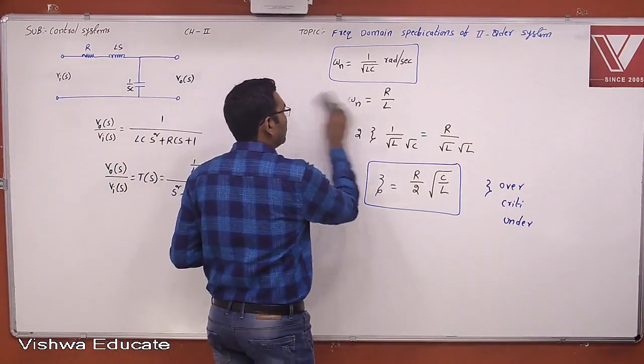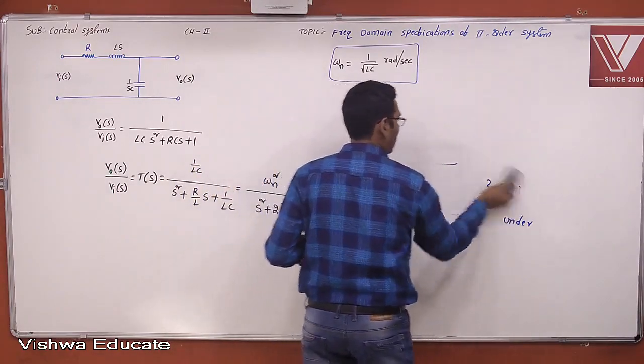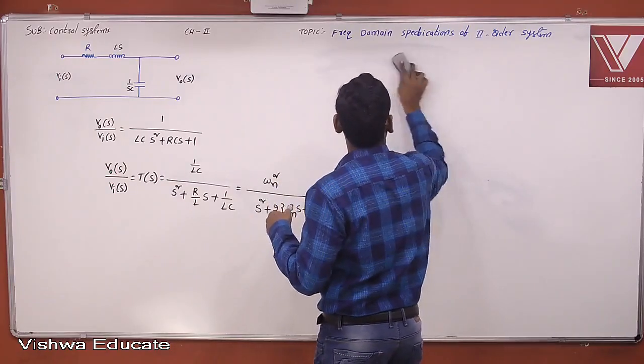Now students, this is the way practically the damping factor zeta is varied, by changing the RLC components.